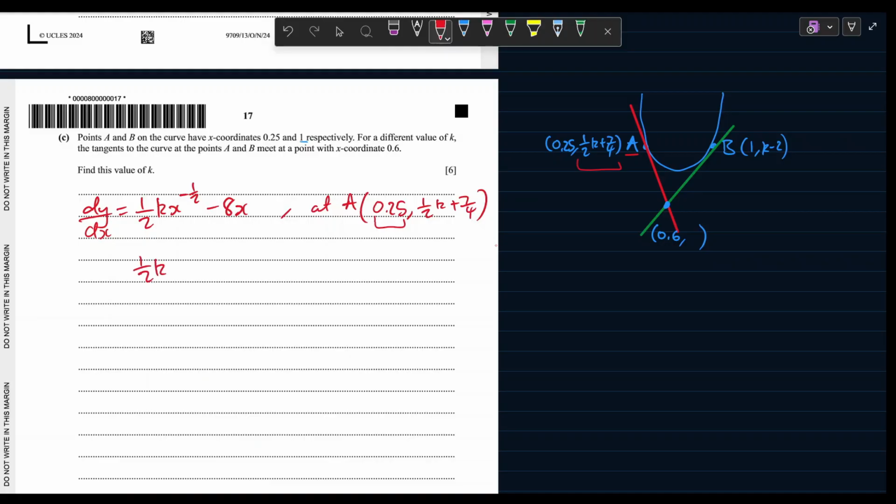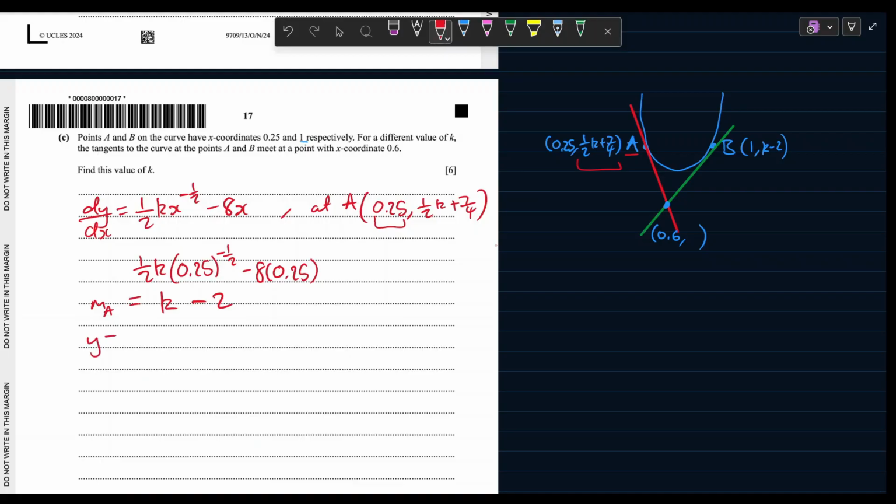That's half k times 0.25 to the negative half minus 8 times 0.25. So that's half times 0.25 to the negative half, which would give us k here. And then minus 8 times 0.25, so a quarter of 8, which is 2. So k minus 2. All right, so this is the gradient of the tangent at A.